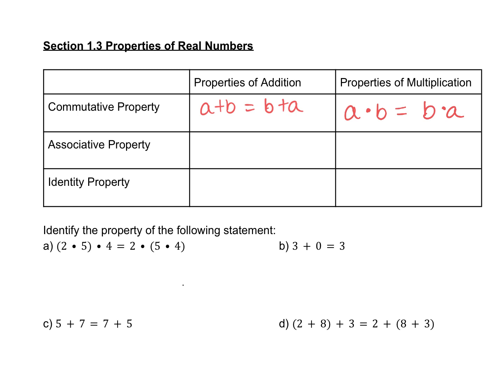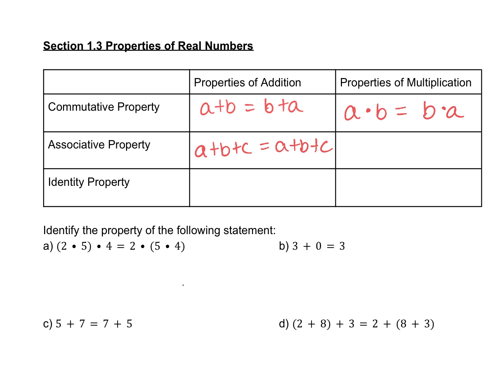All right. So the associative property is a little bit different. This is going to have three terms in it. So A plus B plus C, let's just write it down like this first, and then I'll add the parentheses, because there are parentheses in this.